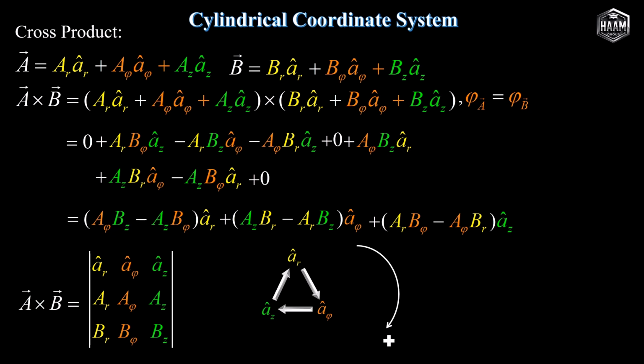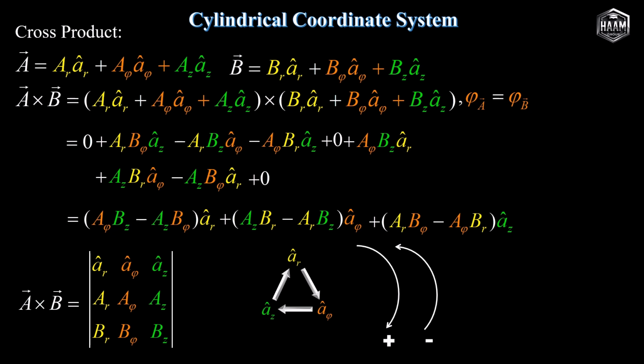Taking the cross product of unit vector A hat sub z with unit vector A hat sub r yields positive unit vector A hat sub phi. As long as the cross product follows the positive right-handed cycle order, the cross product of any two unit vectors yields the third unit vector with a positive sign.